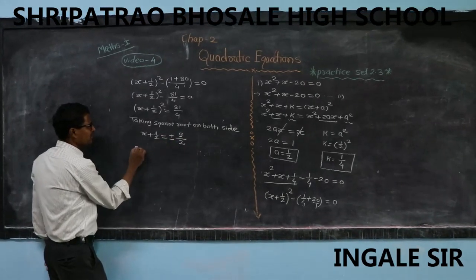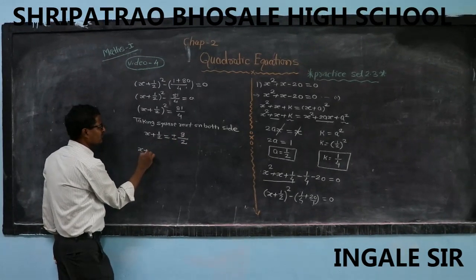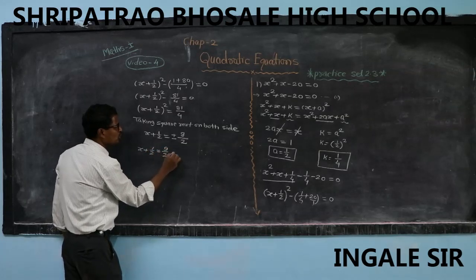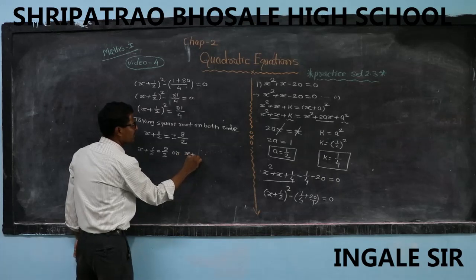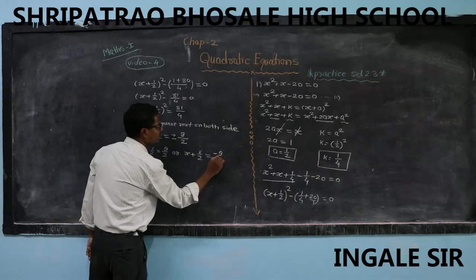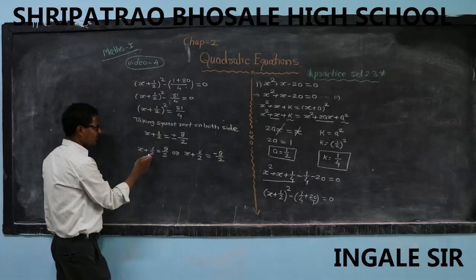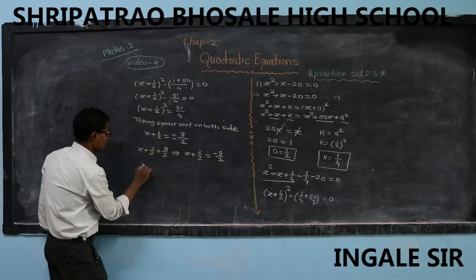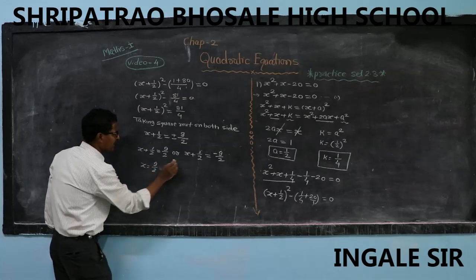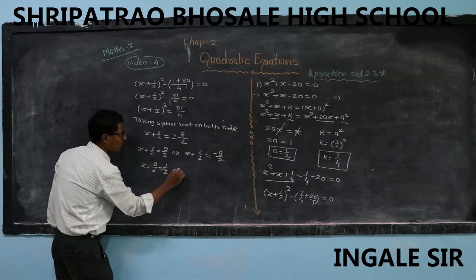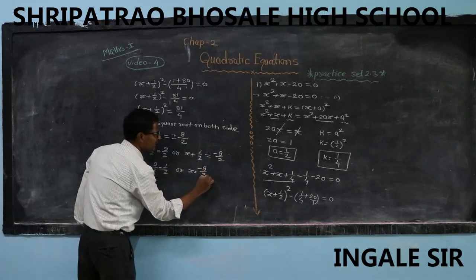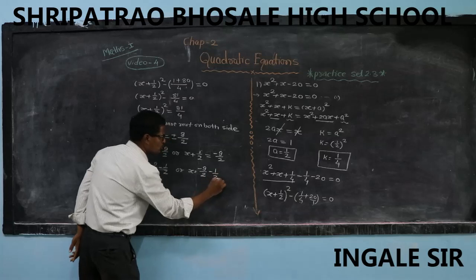Now separate the values. X plus 1 by 2 is equal to plus 9 by 2, or x plus 1 by 2 is equal to minus 9 by 2. Now take 1 by 2 to the right hand side. X is equal to 9 by 2 minus 1 by 2, or x is equal to minus 9 by 2 minus 1 by 2.